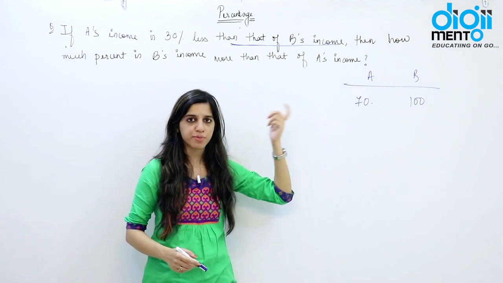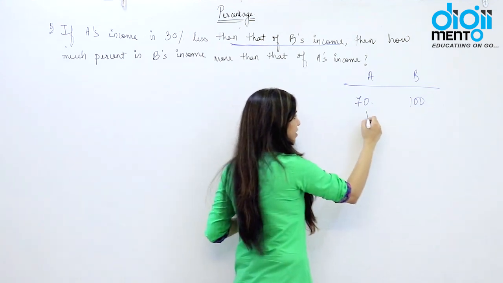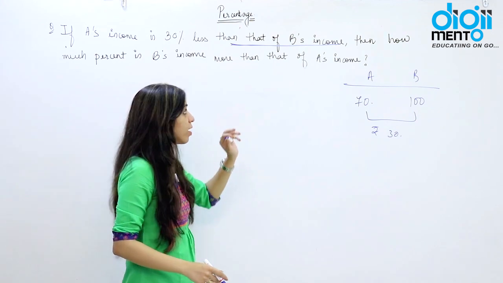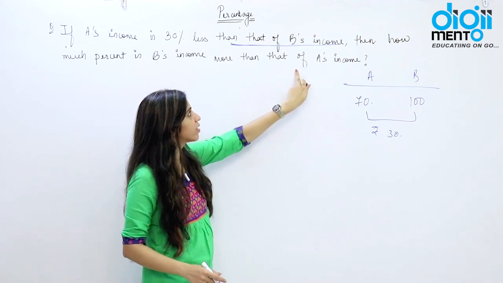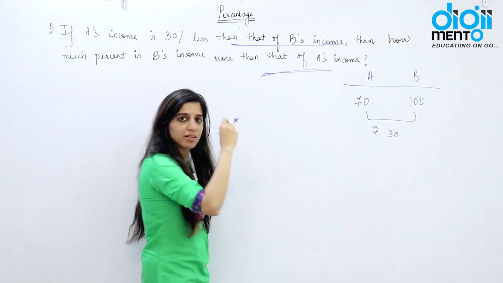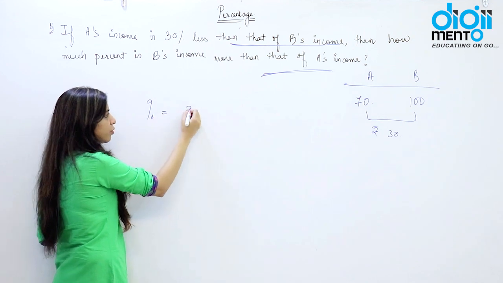See, if I ask you in absolute terms, how much more is it? 30 rupees. They have a gap of 30 rupees. So it is 30 rupees more, but with reference to what? More than that of A's income. See again, reference is A's income. So if you need to find the percentage, what do you do?